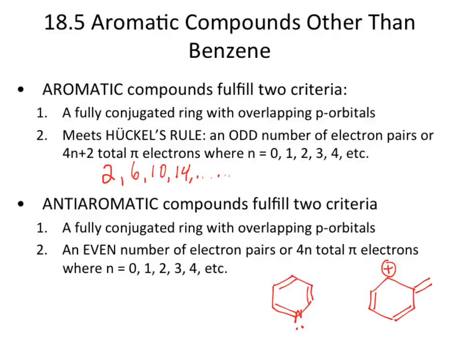So let's go through and show where all our pi electrons came from. For our pi bond over here, there was 1 electron from each of those carbons. For our pi bond over here, 1 electron, 1 electron. How many pi electrons are in your aromatic system, in your ring? Remember, they all have to be in the ring.